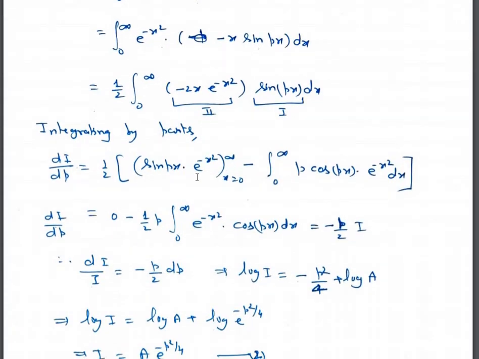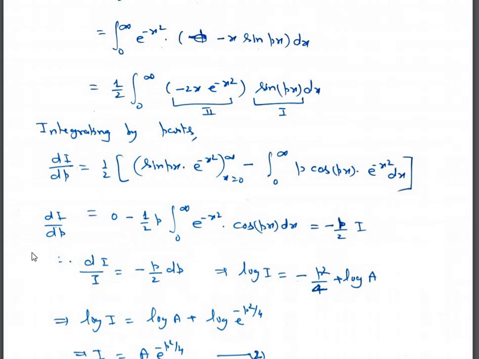When you put these limits, e to the power minus infinity is 0 and sin 0 is 0, so this term becomes 0. So dI upon dp is 0 minus p by 2 integral 0 to infinity e to the power minus x square cos px dx. Now this is nothing but I. This whole thing is minus p by 2 into I.